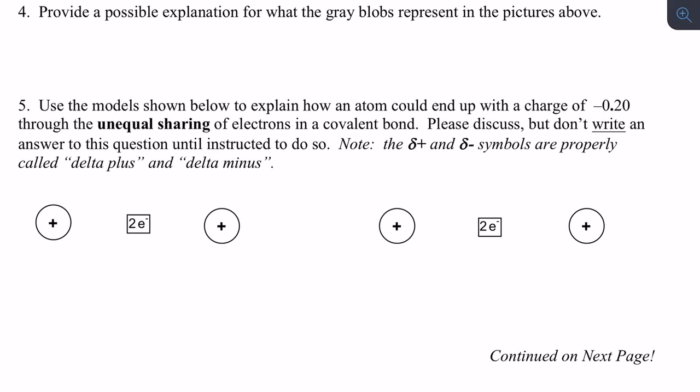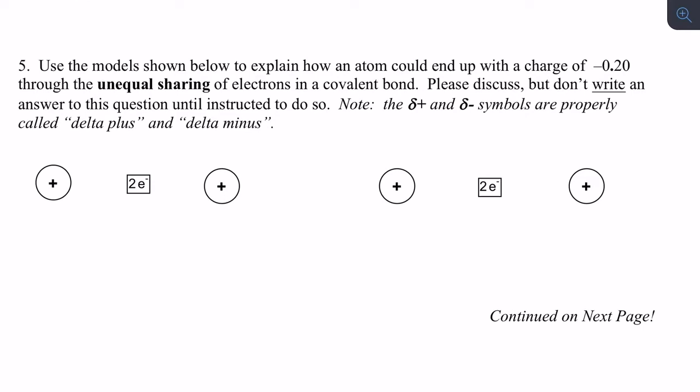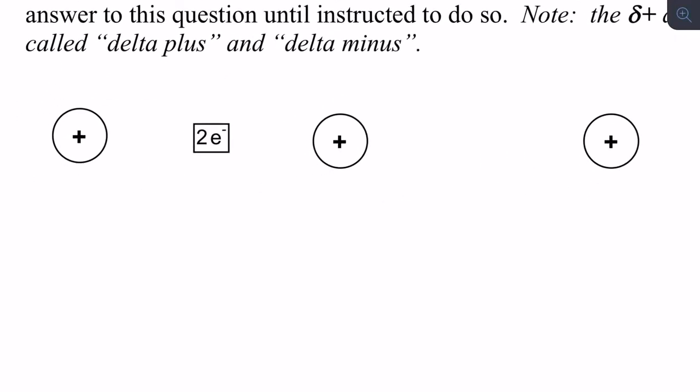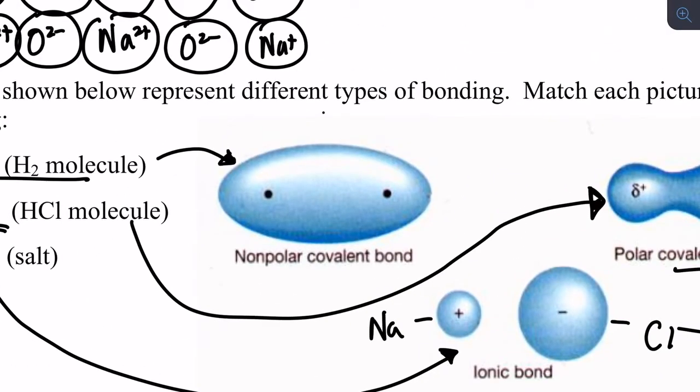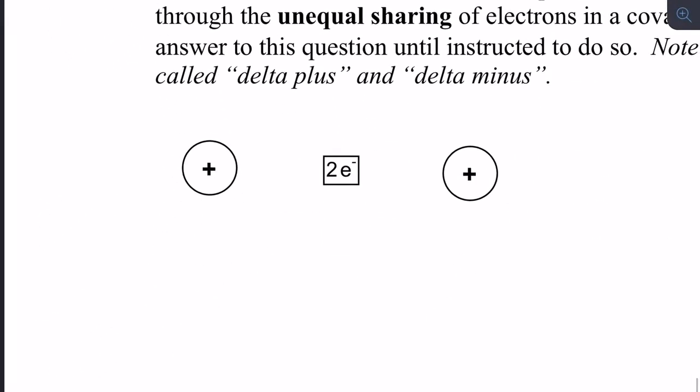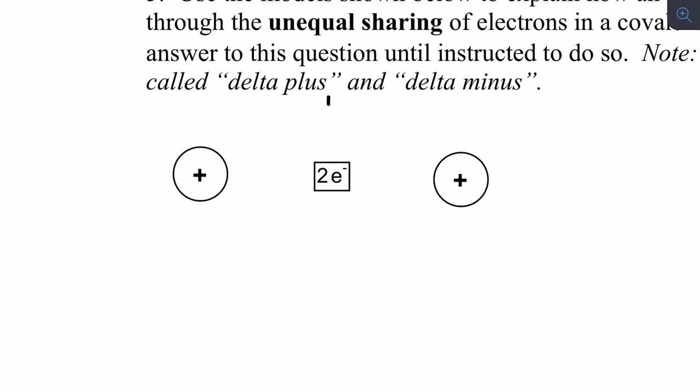Okay. Use the models shown below to explain how an atom could end up with a charge of minus 0.20 through the unequal sharing of electrons in a covalent bond. So we're going to look at this in 2 different ways. Let's start with one where we are equally sharing our electrons. Like this picture, we can imagine that the electrons are kind of evenly shared in the middle of these 2 nuclei. So I'm going to draw a little dashed line down here that represents the middle of our 2 nuclei.